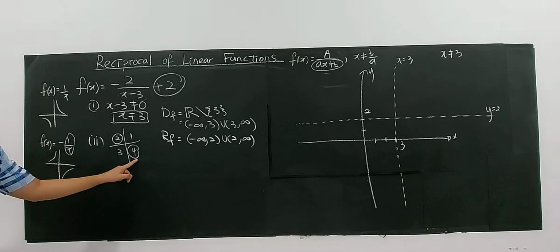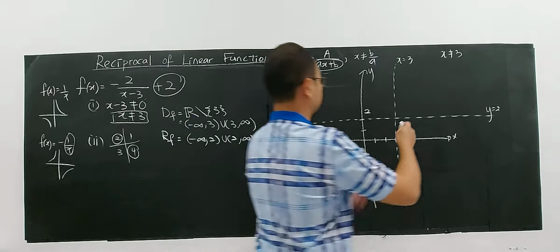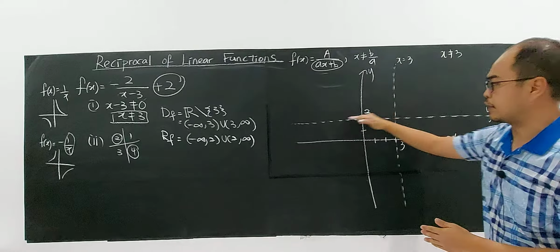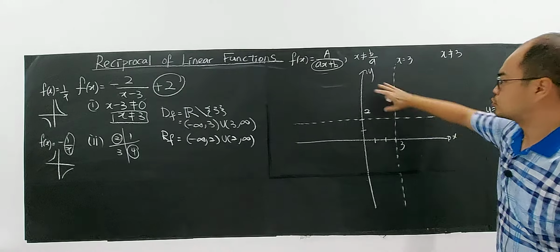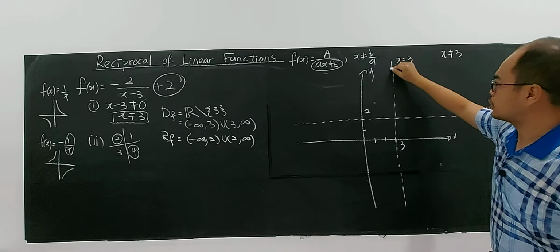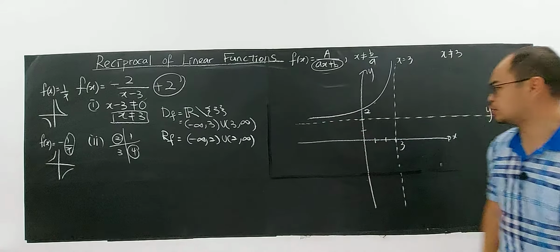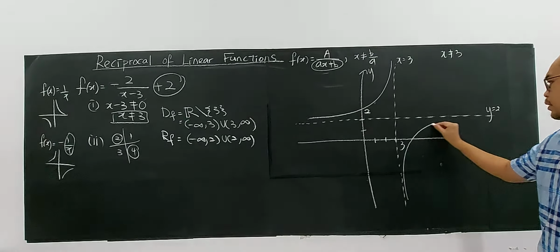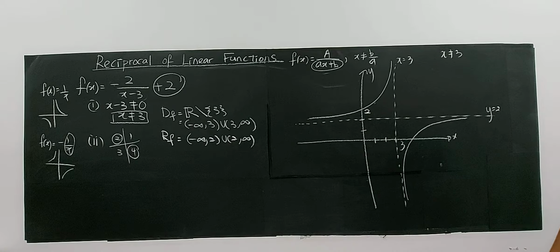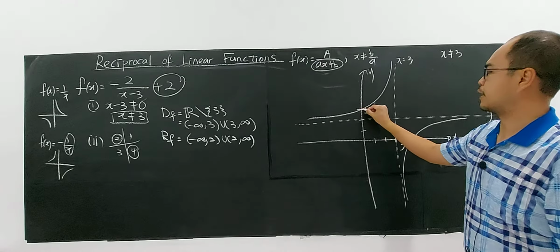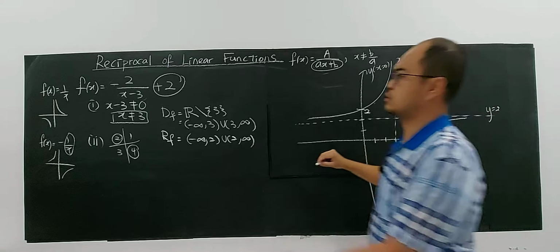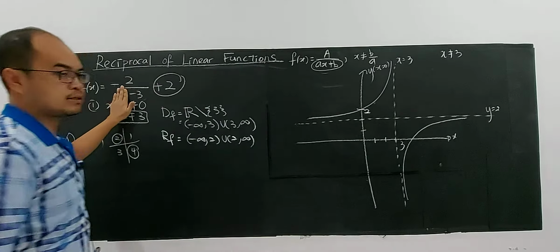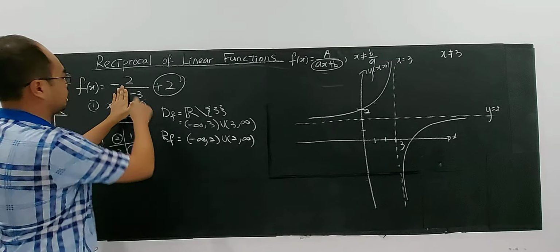It's in the second and fourth. If you divide that into 4 parts, 1, 2, 3, 4, the graph now will be in the second and fourth, so you know the graph will be here. It's always true. So this is your graph. It will intersect the y-axis, where x equals 0.